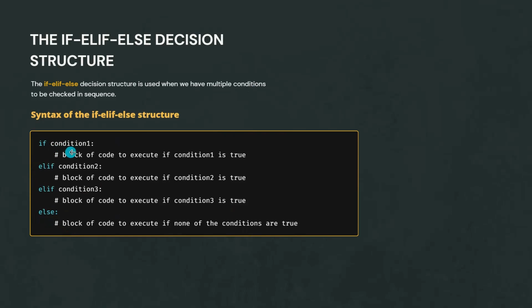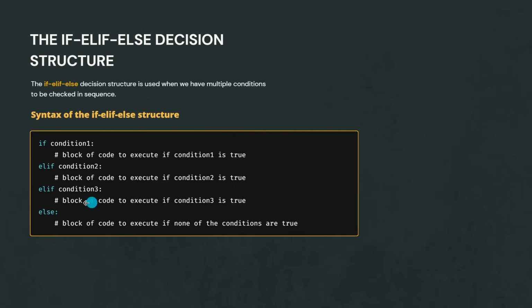First, Python checks condition 1. If that's true, then it runs this block of code and skips the rest of them. If not, it checks condition 2. If this is true, then it runs this block. Still, if the condition is false, then it goes and checks condition 3.